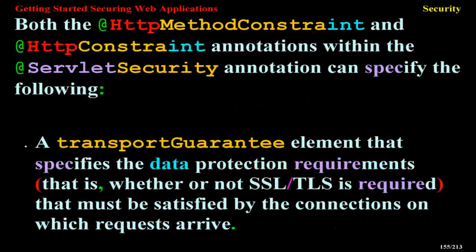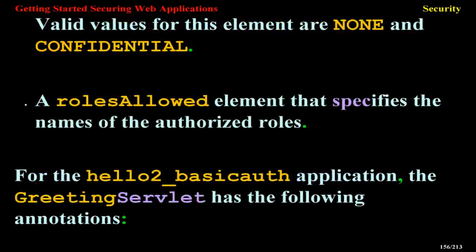Both the @HttpMethodConstraint and @HttpConstraint annotations within the @ServletSecurity annotation can specify the following. A transportGuarantee element that specifies the data protection requirements, that is, whether or not SSL/TLS is required, that must be satisfied by the connections on which requests arrive. Valid values for this element are NONE and CONFIDENTIAL. A rolesAllowed element that specifies the names of the authorized roles.